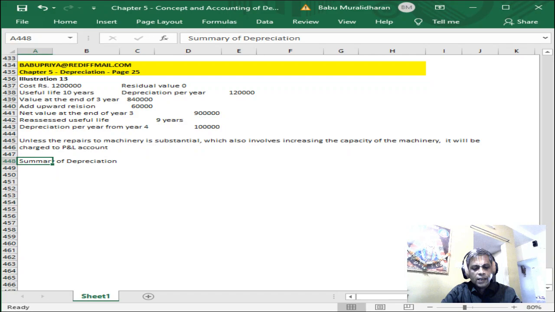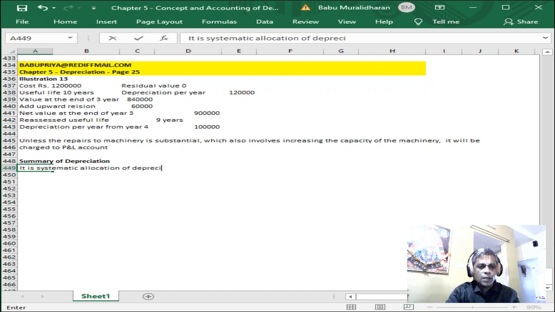What have we understood in this chapter? It is systematic allocation of depreciable value of the asset over its useful life, right?